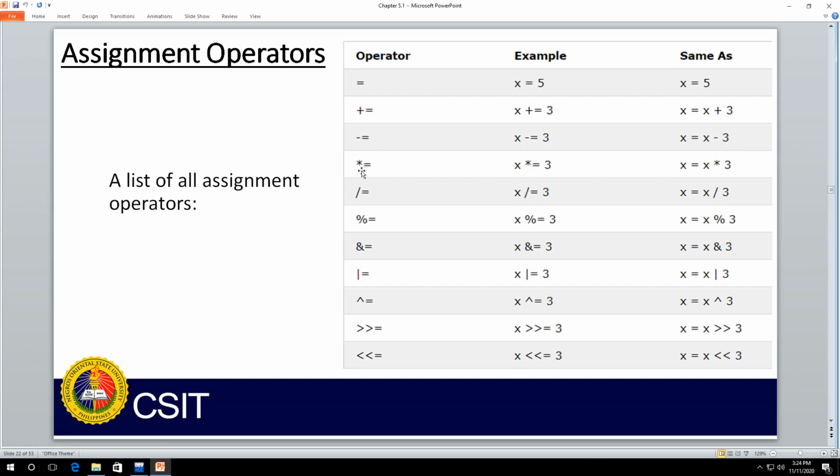The same as multiplication. You have division, modulus, and then this one and, or, XOR, left shift. So you will encounter these other operators, and this will be under bitwise for the binary. So I will just leave that there, this one, the assignment operators.